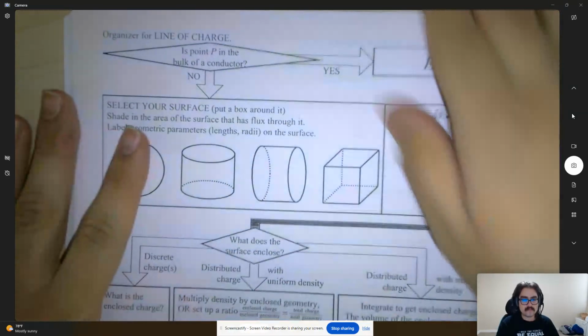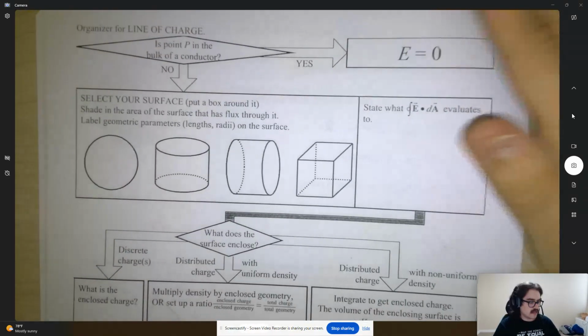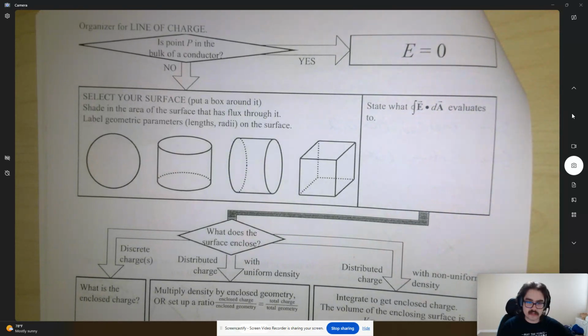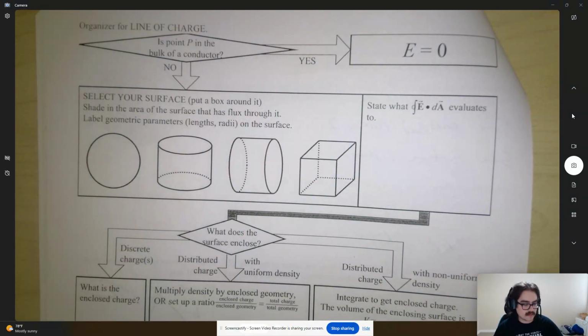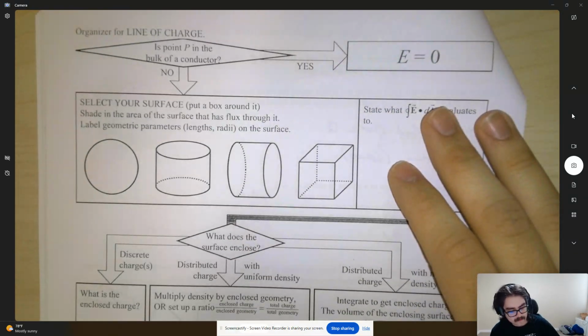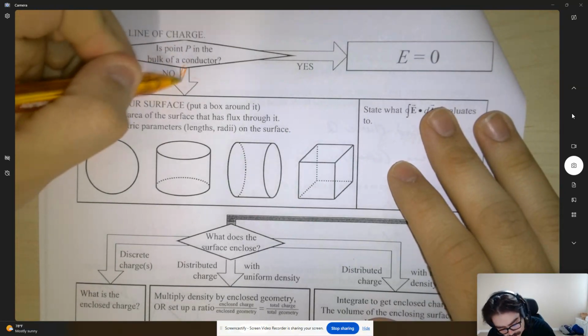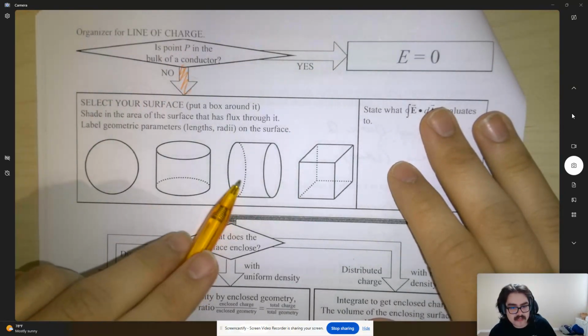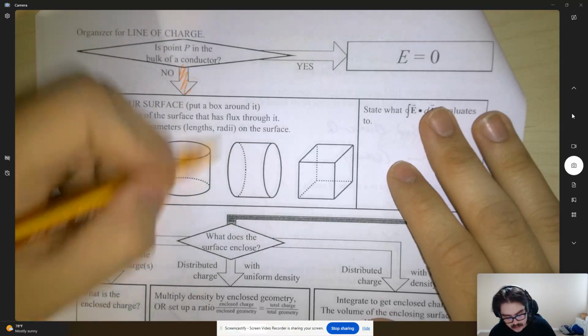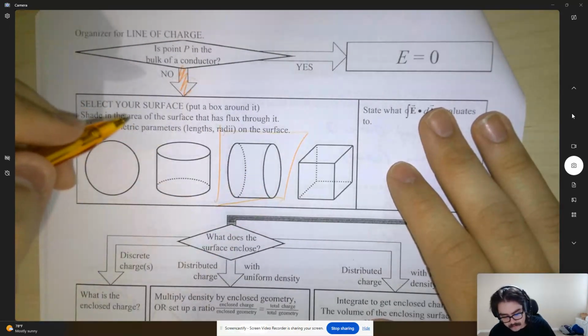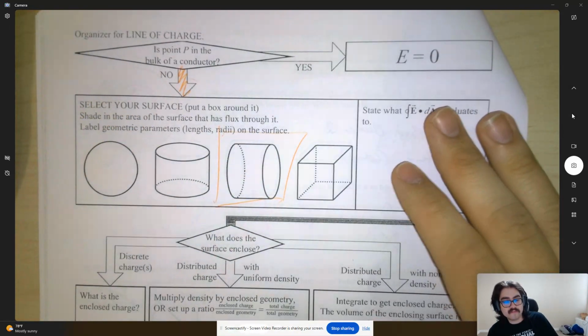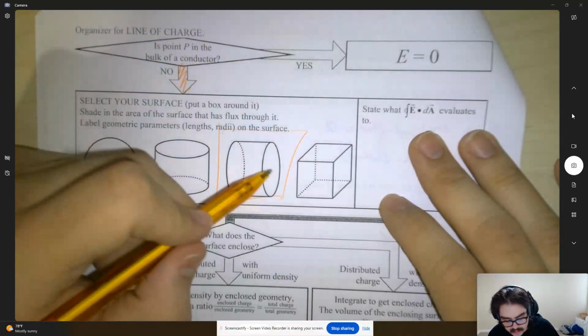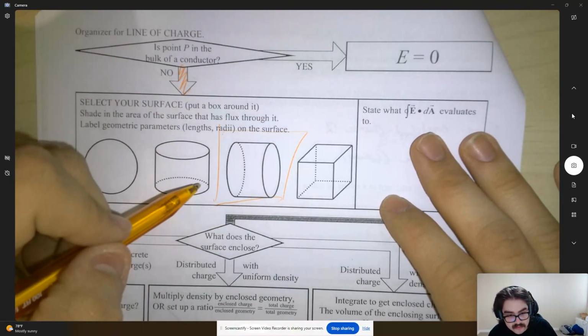For a line of charge, again, we're not inside the bulk of a conductor, unfortunately, right? Wouldn't that make things so much easier if we were? We're going to pick a horizontal cylinder as our shape. Now, the thing that's important is that the flux is not at all going to cut through the top ends of the cylinder.